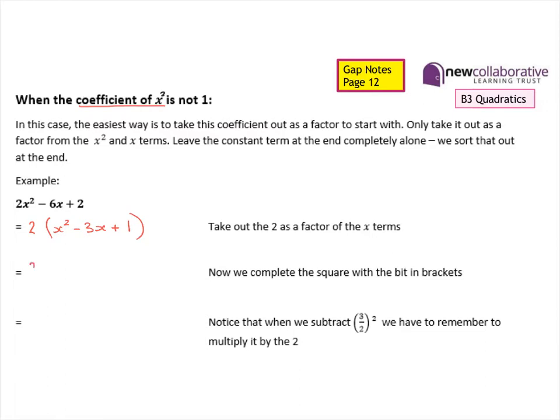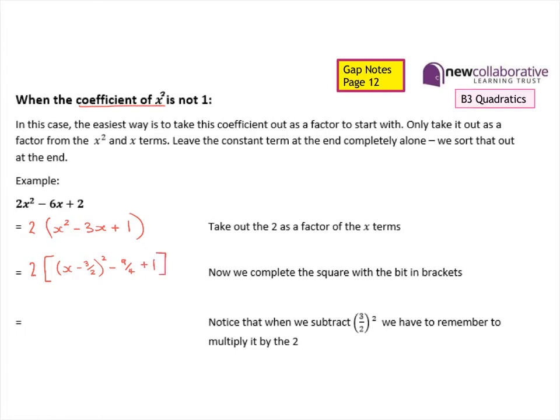So that gives us 2, and then if we complete the square here, we're going to get (x, take away 3 over 2) squared. Now we need to subtract 9 over 4 because that's the square of 3 over 2, and then we need to add on the 1.